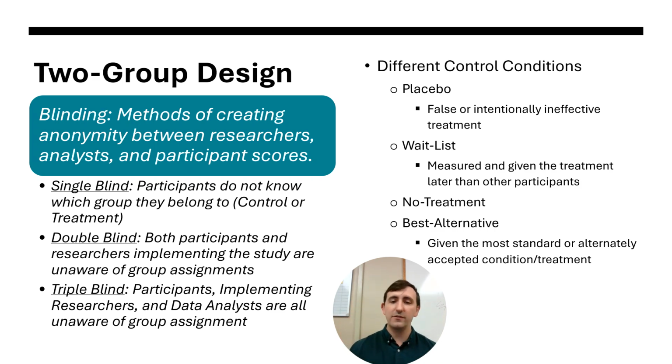There's another kind of control group where we have this wait list approach. This is where people are measured and then given treatment later than other participants, right? So one group of participants might be given the treatment, and then the second group, we just wait and don't give them the treatment yet.